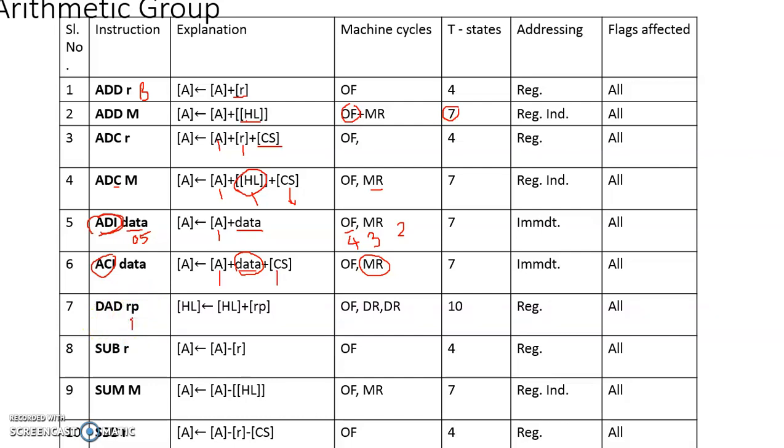Say for example DAD B or DAD D or DAD H. B corresponds to the BC pair, D corresponds to the DE pair, and H corresponds to the HL pair.